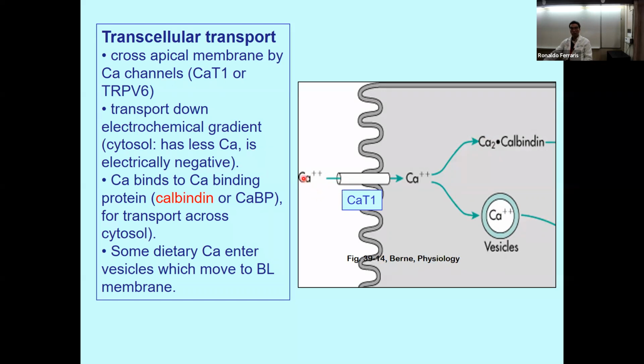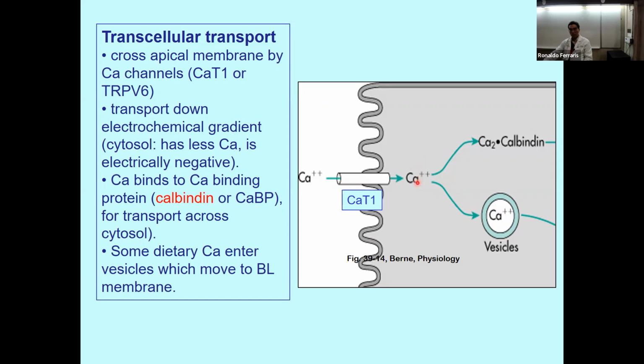Calcium is recognized by this calcium channel, and it goes very rapidly down an electrochemical gradient from the food side to the cytosol. The cytosol is electrically negative compared to the lumen, so there is an enormous electrochemical gradient driving this downhill absorption of calcium via CAT1.